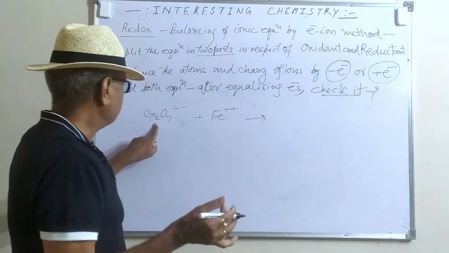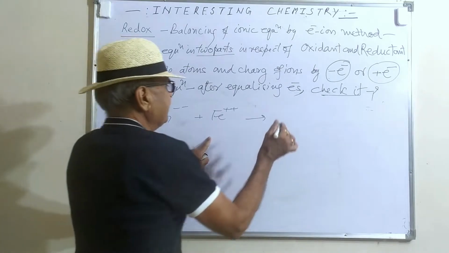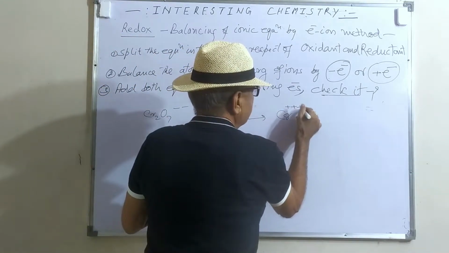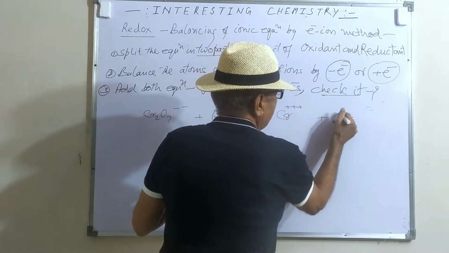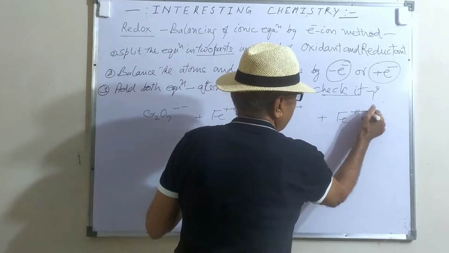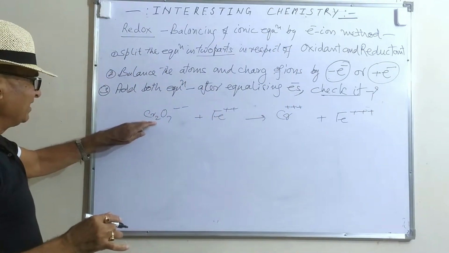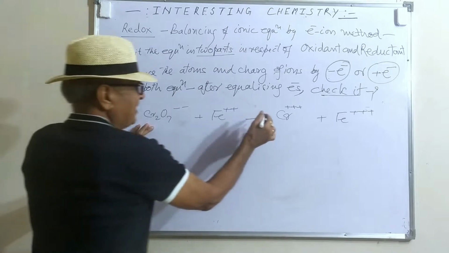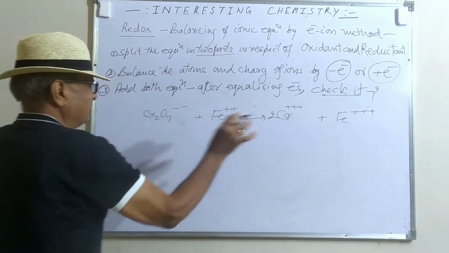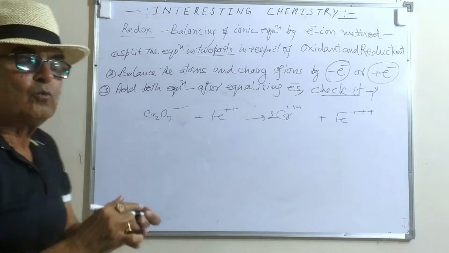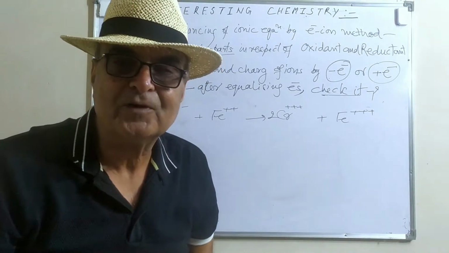So here dichromate plus ferrous gives Cr triple positive plus ferric, triple positive. Here again Cr2, please write 2 Cr, balance the atoms, and 7. Now again, what is your first step?